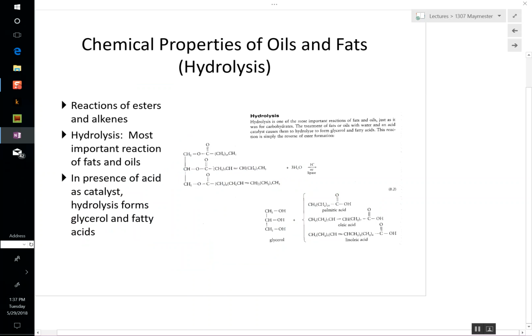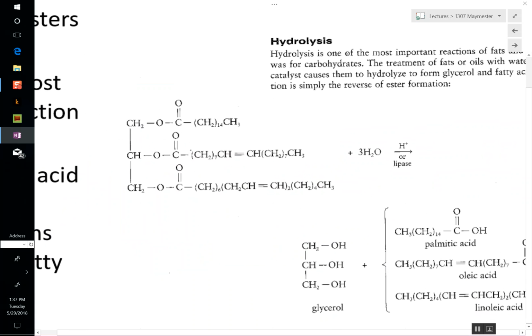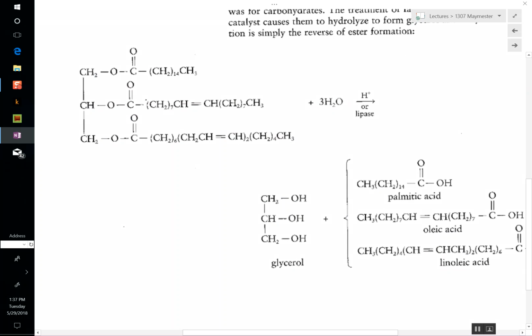All right, so what is this? Hydrolysis. So here's our triglyceride. Here's our 3 ester linkages reacted with 3 molecules of water in the presence of an acid, and there's lipase. Now that's chapter 19 tomorrow, we'll be talking about molecules with an ASE ending. That's an enzyme.